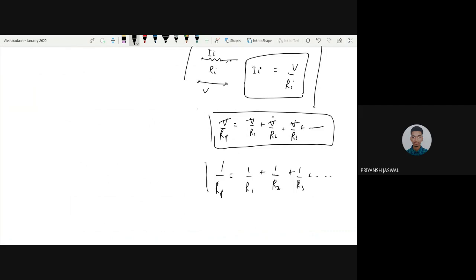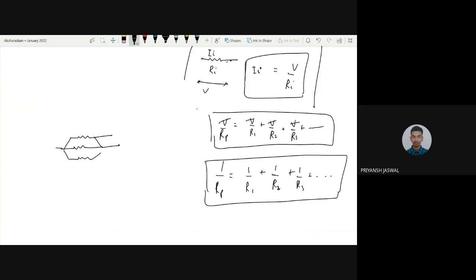What does that mean is, you simply take the inverse. Suppose this is the circuit. This is A, this is B. This is R1, R2, R3.